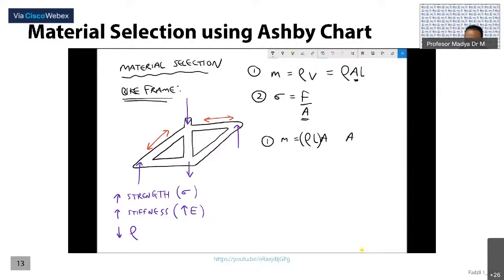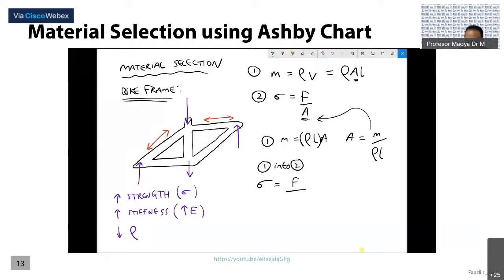We'll be left with area equals mass over density times length. Now I'm going to substitute that formula into equation 2. So we can write 1 into 2. And I'm going to rewrite that as stress equals force divided by area.